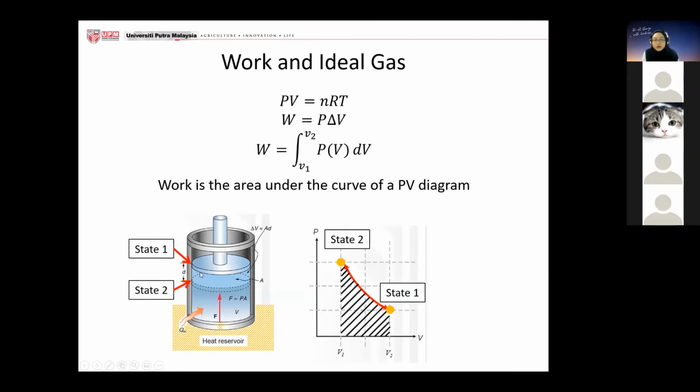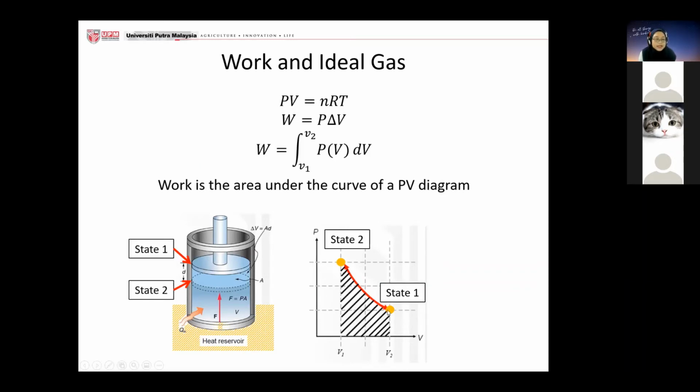You have state 1, which has a higher volume, and you can link that to the PV diagram here. This is state 1 and state 2 is here. This might not be what's really happening, but you can look at the volume change. State 2 is definitely the one with the lower volume, so it's here.